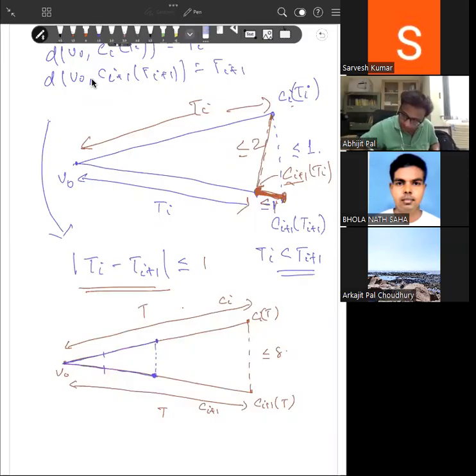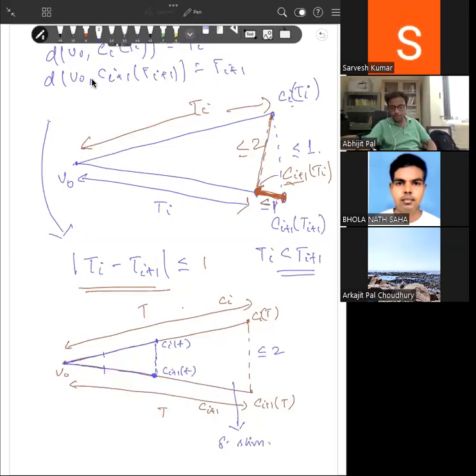So this distance I have taken to be less than or equal to 2, and you know that this triangle is delta slim. Now if I take some point here, let us call it Ci small t and Ci plus 1 small t, this distance will be at most what?